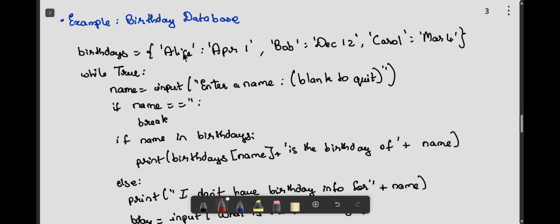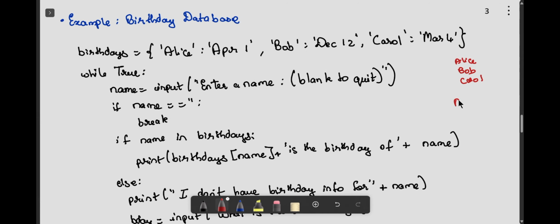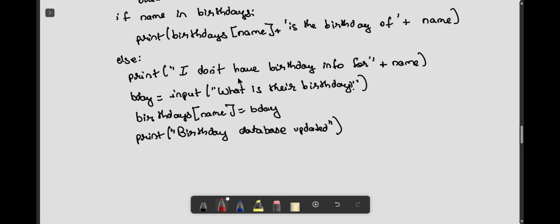So what's happening here is, there are three names: Alice, Bob, and Carol. Whichever names we input, if we need information about these three dates, you can immediately print it and retrieve the data, meaning date of birth. But by chance you input something like Ram, which is not there here. So it will give an error statement saying that we don't have Ram's birthday. Then we try asking for feedback.